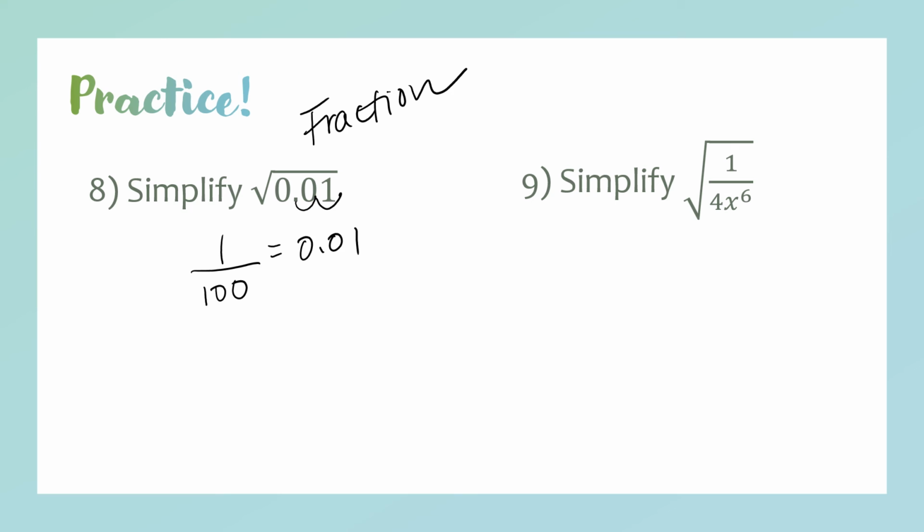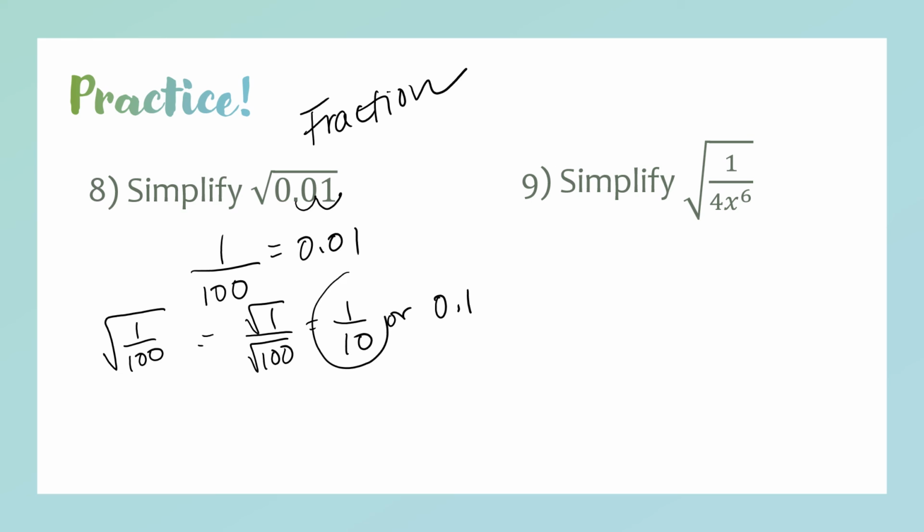So I'm going to say what I really need is the square root of 1 over 100. Now if I do that, that's the same as the square root of 1 over the square root of 100, which equals 1 over 10. I could rewrite that in decimal form if I want to, which would be 0.1, because right, we move the decimal over 1.